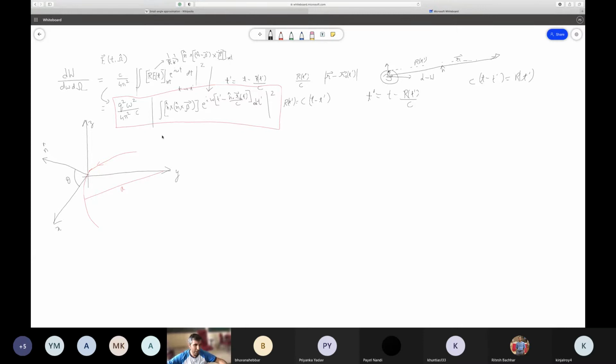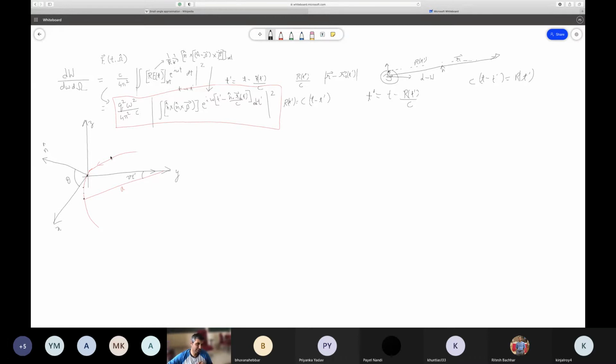Okay, so at t equal to 0, the particle is at the origin and it's moving in time, and this is at some time t prime. So this angle theta here is v t prime. See, this integral has to be done in the particle frame at t prime.